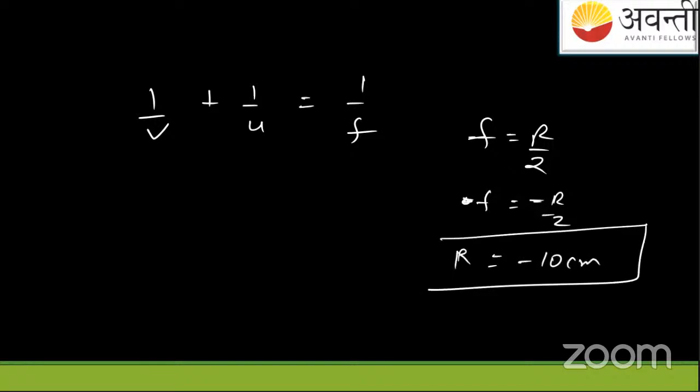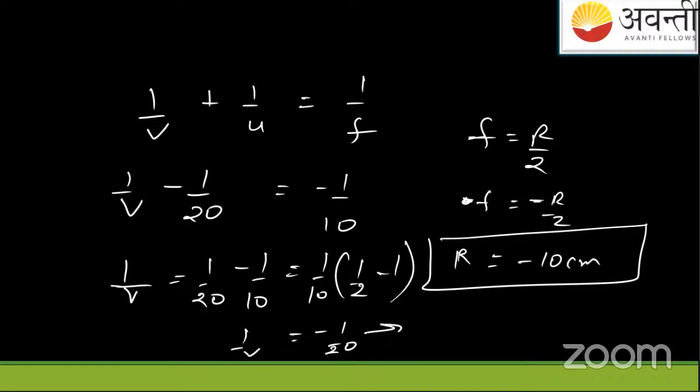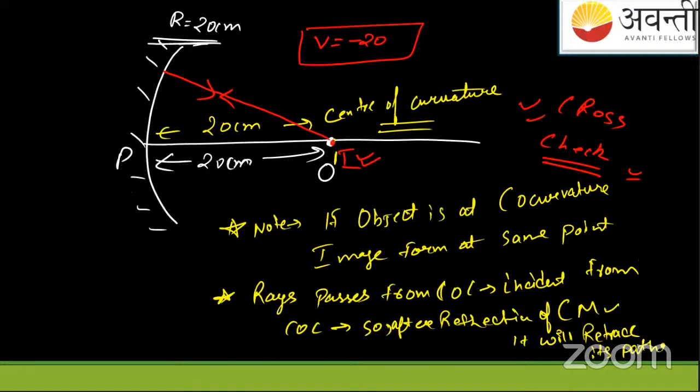Put f as minus 10 and u as minus 20. Solving, you get 1 by v equals minus 1 by 10 plus 1 by 20, which is minus 1 by 20. So v equals minus 20 centimeter, on the same center of curvature. It's proved and cross-checked.